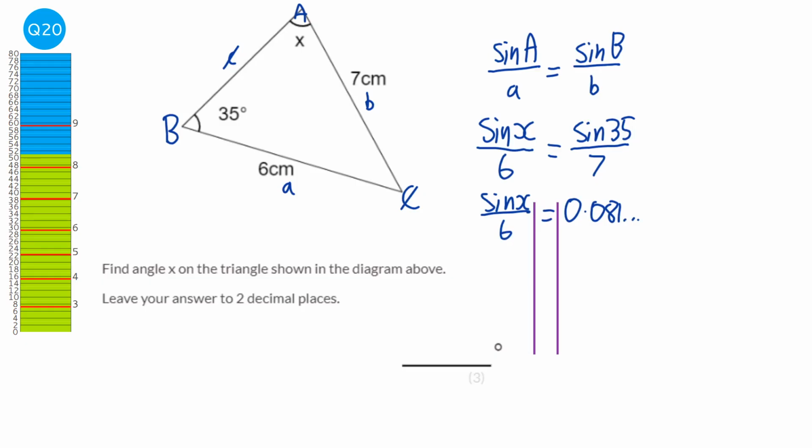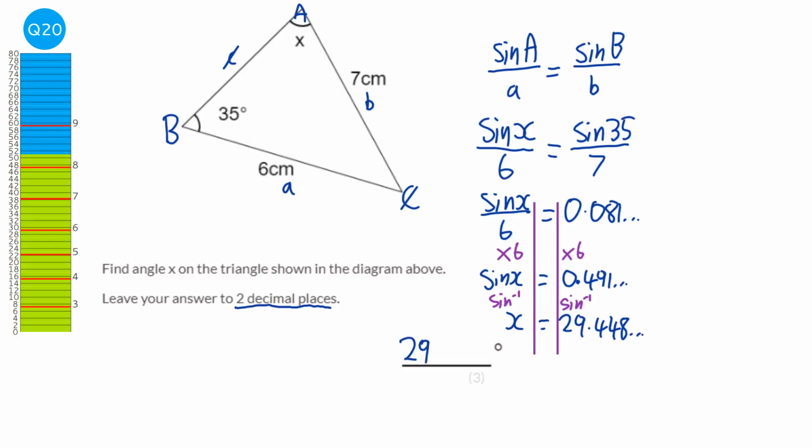And the first thing we're going to do is times by 6 both sides. So we get sine x is equal to 0.491 and so on. And then we're going to inverse sine both sides. And so we have x equals 29.448 and so on. And our answer wants to be rounded to 2 decimal places. So we're going to put our answer as 29.45 degrees.